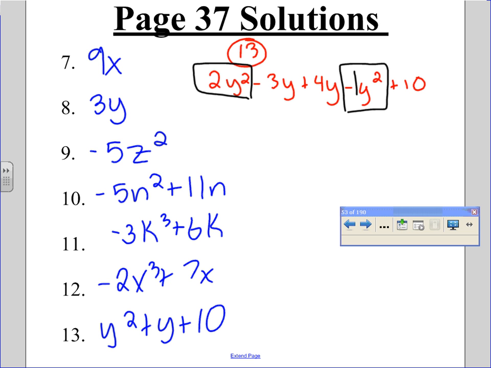What's 2y squared minus 1y squared? So there you go. Okay, Sean, what is negative 3y plus 4y? Drop this down because nothing goes with it.